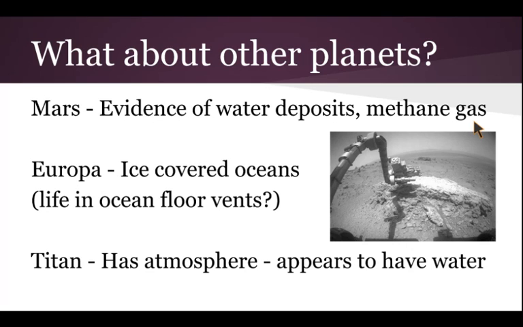Europa from the video has ice-covered oceans, so they have water, they've got an energy source, and possibly they might have organic compounds down in the ocean floor vents. And we also talked about Titan in the video, which has an atmosphere and it appears to have water. Okay, so all of those things add to the ability of these places to support life, or to be able to have life in those places.